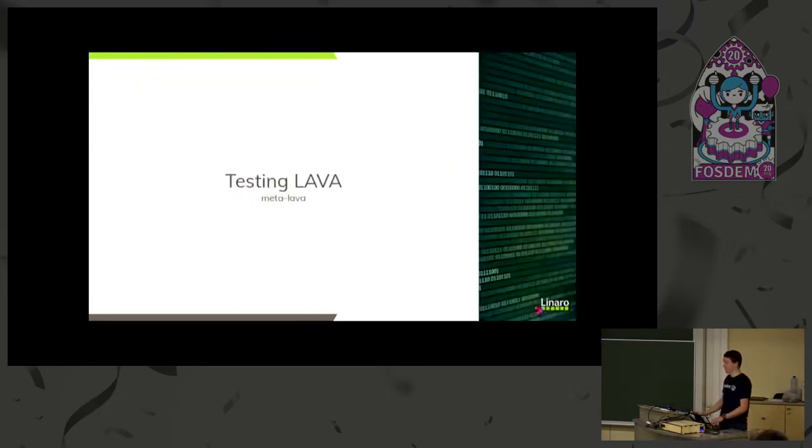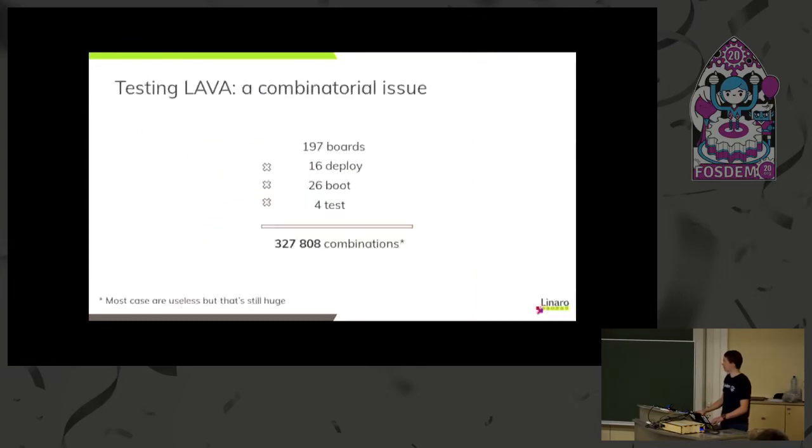So how do we test Lava? Integration test, which is a project called Meta Lava. So going back to what we support, 197 boards. We support 16 deploy methods and 26 boot methods and 4 test methods. That's this amount of combinations. So if we want to test everything with real hardware, just impossible.